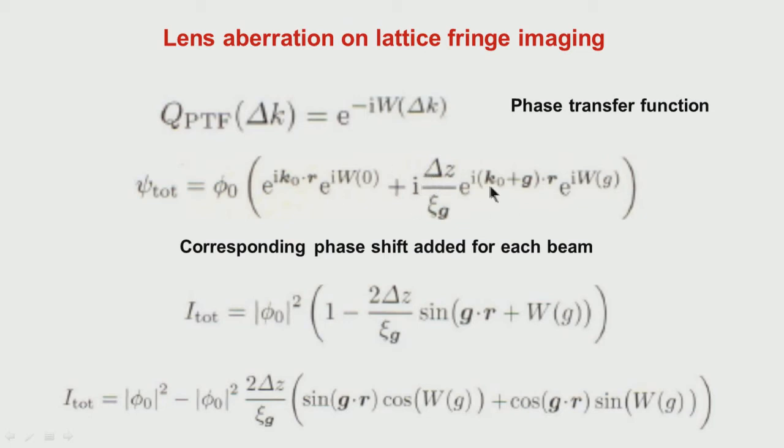For the scattered reflection, as we derived earlier, this will be i into delta z by psi g, because the scattering generates a 90-degree phase shift, e to the power of i k0, this is the direction in which the diffracted beam is coming, multiplied by another e to the power of i W g, which is the phase shift introduced by the lens.